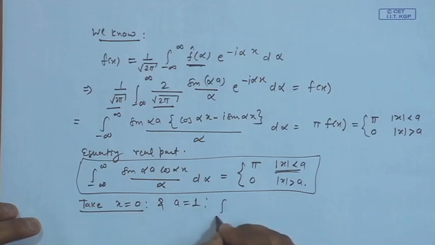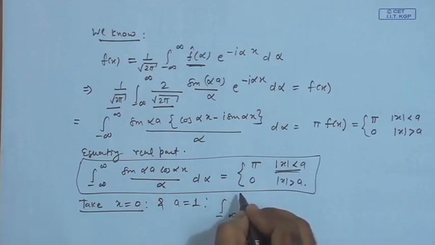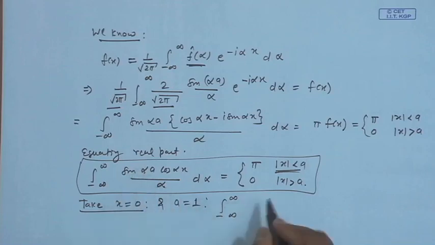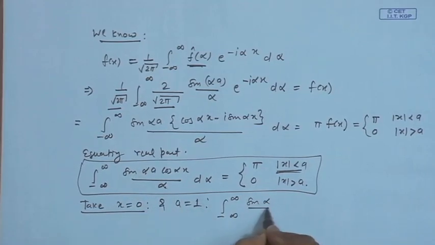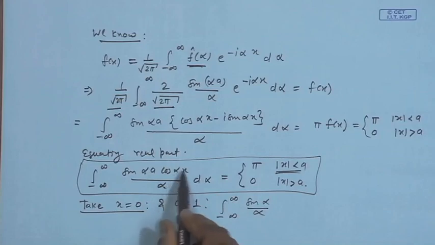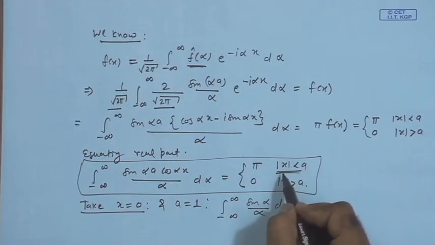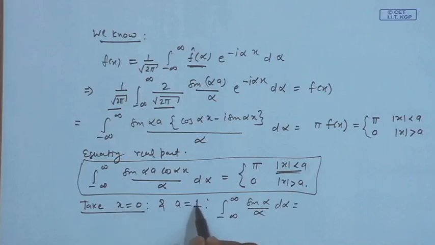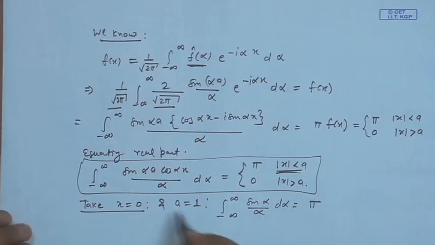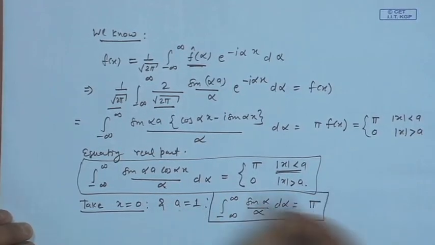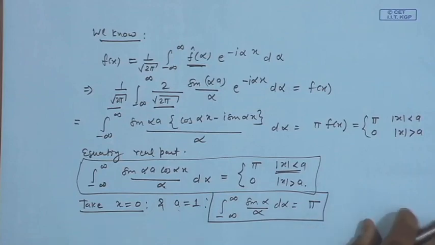So what will be the integral now? Minus infinity to plus infinity, and this a is 1, so we have sine alpha over alpha, and cos 0 will be 1, d alpha. And the value now, because mod x is less than a, will be just pi.